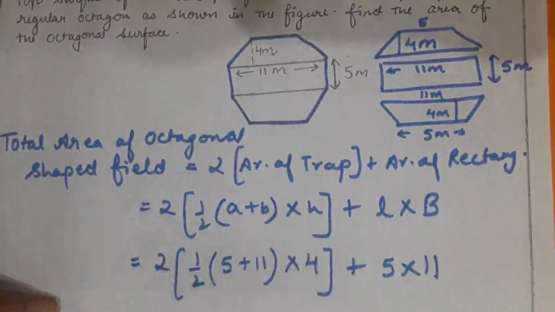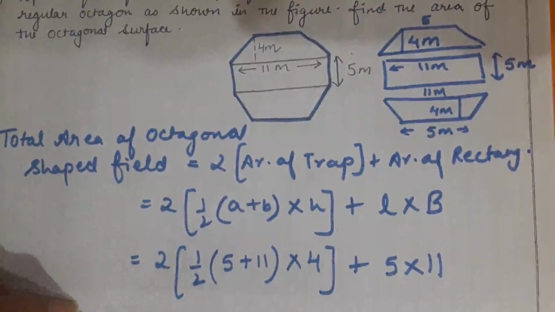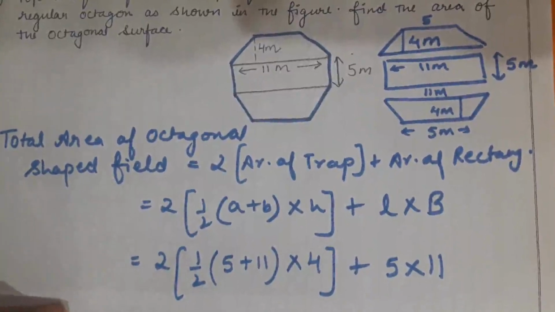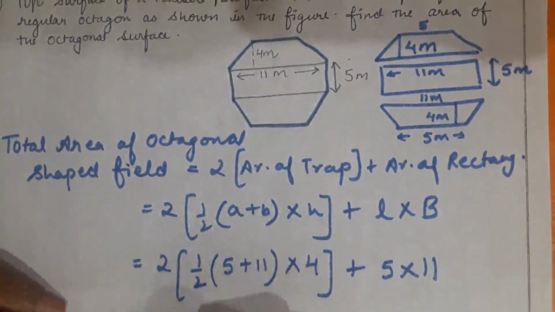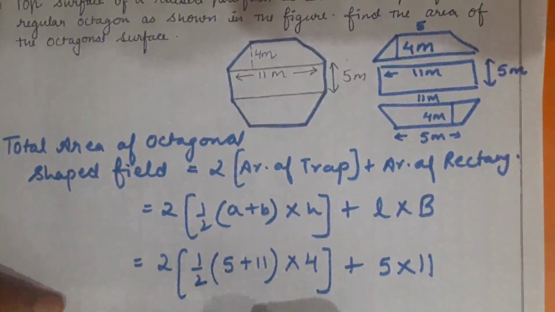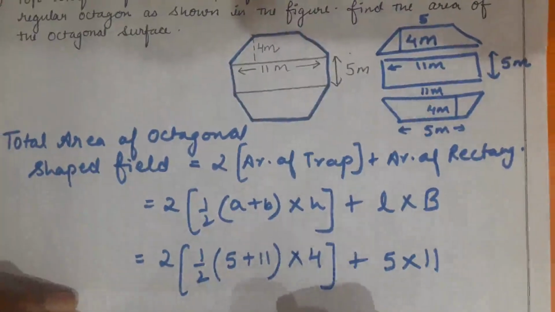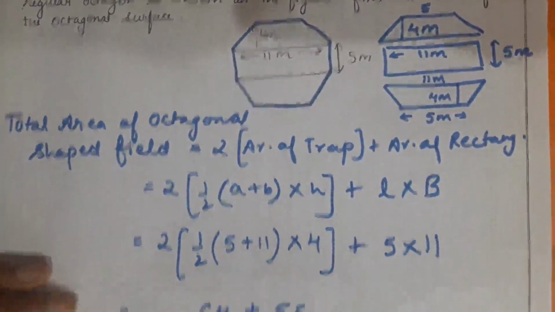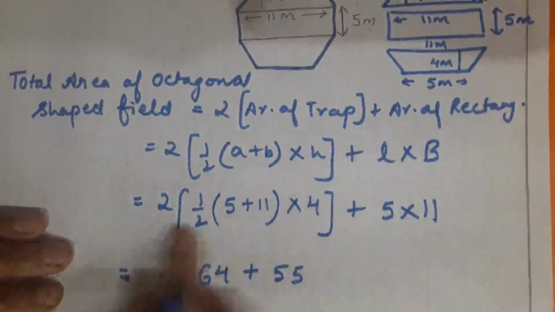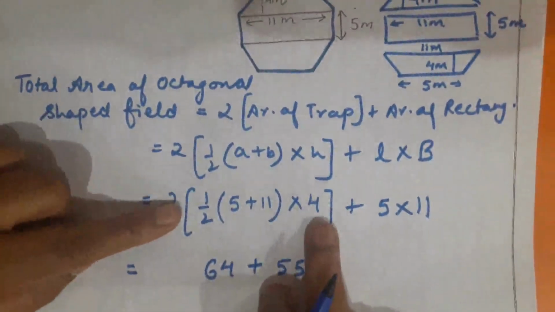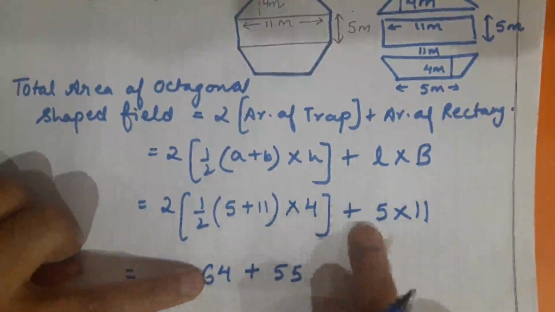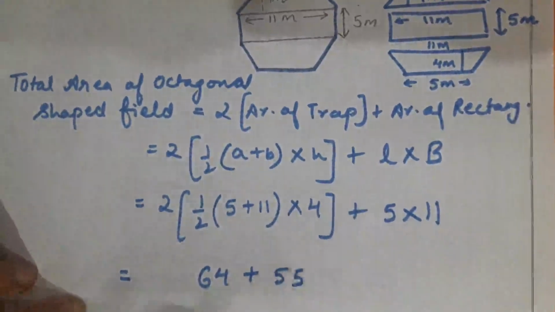Let's solve this equation. After solving, you will get 64 plus 55. I'm not solving fully, just try to solve this equation. After solving this much, you will get 64 plus 55, since 5 into 11 is 55.